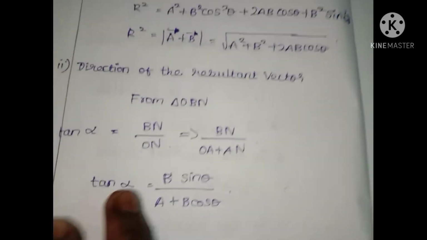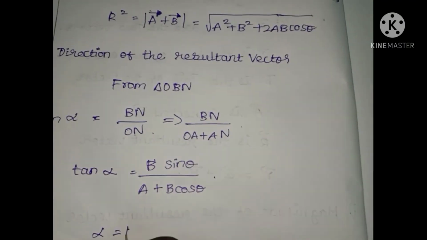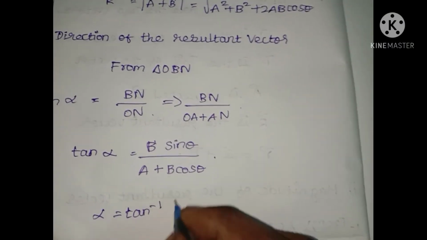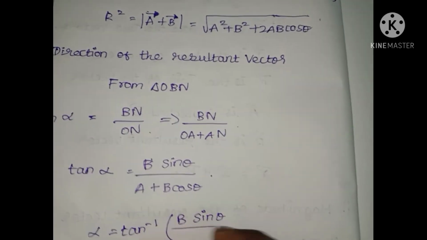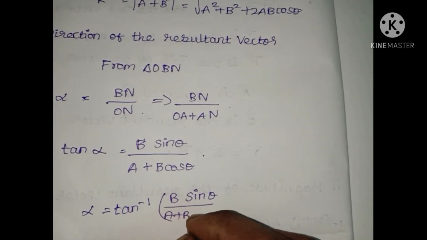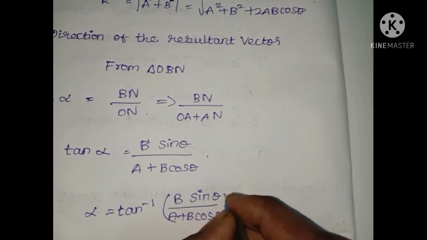Alpha is equal to, this tan goes to this side, tan inverse of B sin theta by A plus B cos theta.